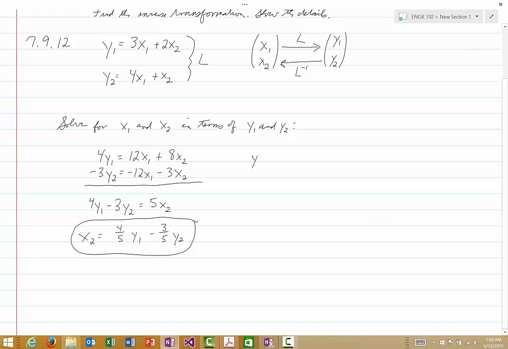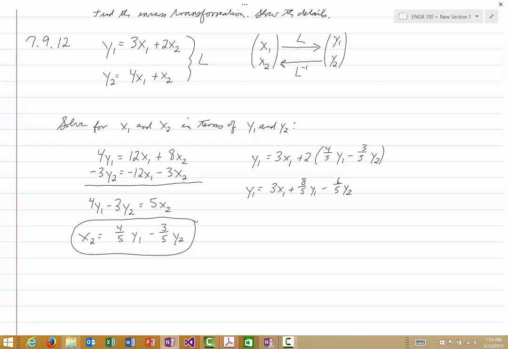So we'll have y1 is equal to 3x1 plus 2 times 4/5 y1 minus 3/5 y2. And so we get y1 is equal to 3x1 plus 8/5 y1 minus 6/5 y2.